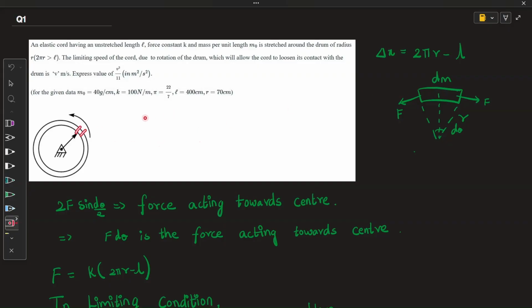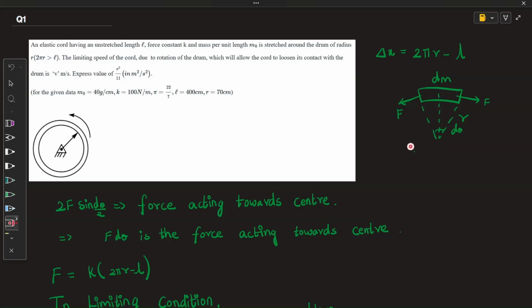Now let's take a small unit thing in the elastic cord that has a mass of dm. And this force F is due to the elastic forces. The elasticity of the cord gives us these forces.